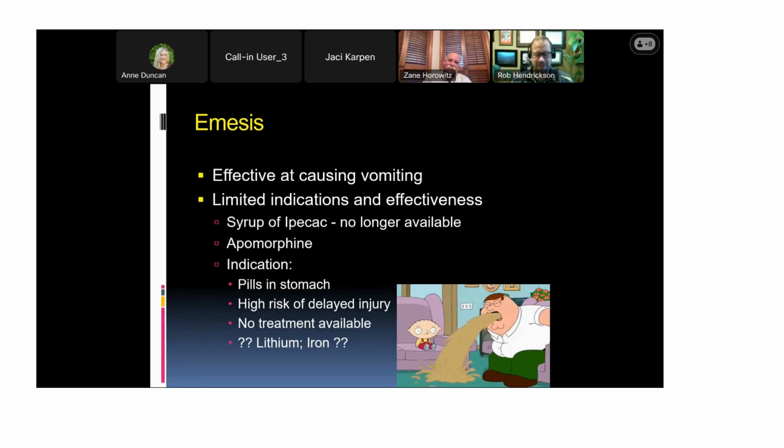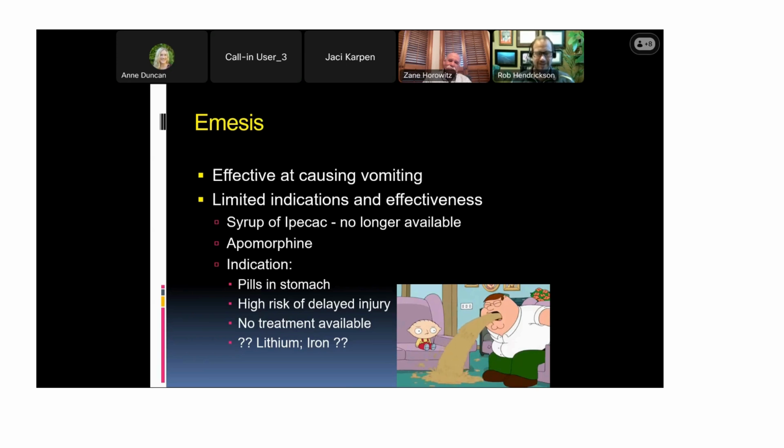The indications are you have something that isn't easily treatable. Maybe it doesn't adsorb to charcoal, doesn't have an antidote, and getting the pills out of the stomach will be beneficial. If the pills aren't in the stomach, then it's useless. So don't do it.